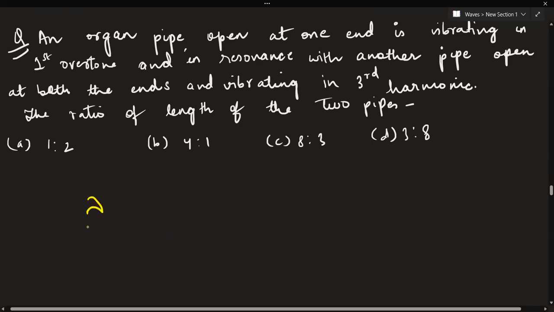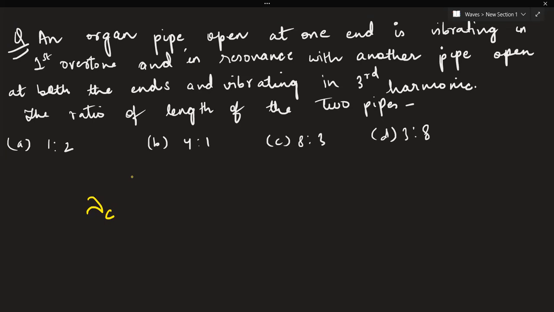So let's say the frequency of closed organ pipe. Now we have to identify what is the value of N. So it says this organ pipe open at one end means a closed organ pipe. This is vibrating in first overtone. So what is the value of N? First overtone, 2.